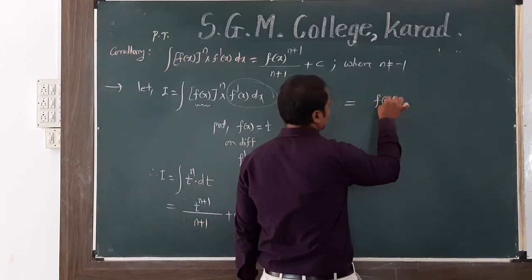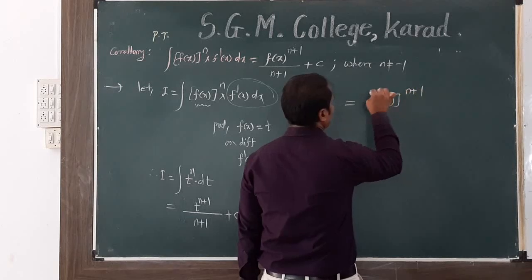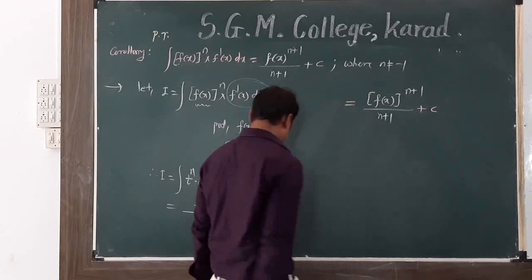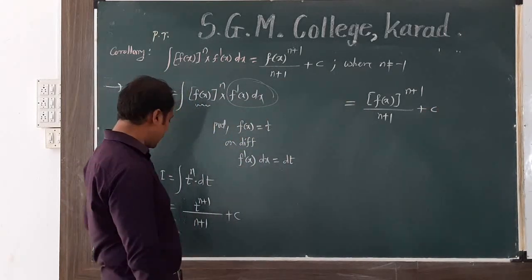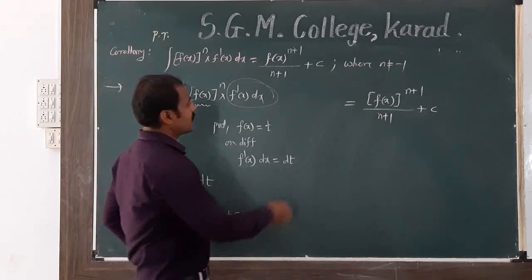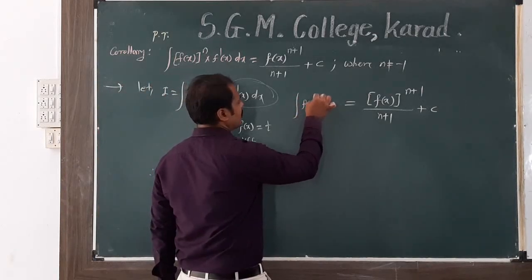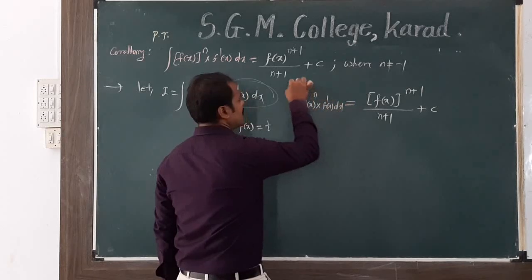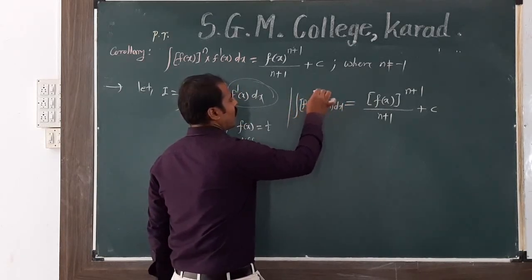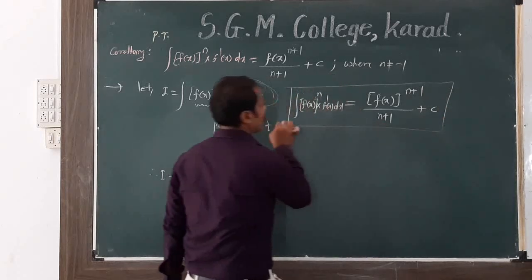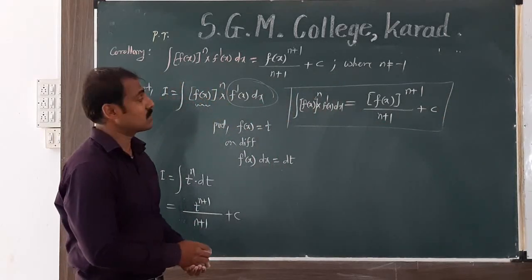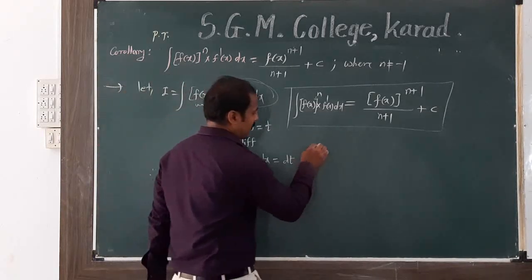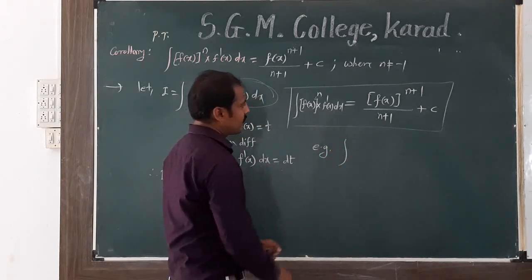So f of x raised to n plus 1 divided by n plus 1 plus constant of integration c, where n is not equal to minus 1. And LHS is I. What is I? Integration of f of x bracket raised to n into f dash of x dx is equal to f of x raised to n plus 1 divided by n plus 1 plus constant of integration c.